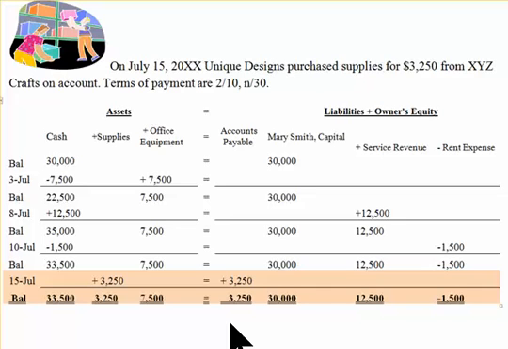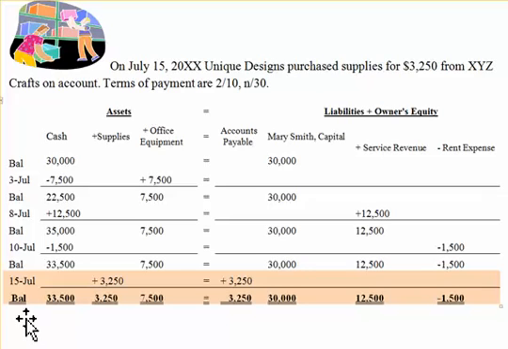But wait a minute. Take a look at your liabilities and owner's equity. We are now acknowledging that there is accounts payable, which is a liability. So now that column, as you can see, has been added. And if you add across the liabilities, the capital, the revenues, and subtract the expenses, once again, the total of the liabilities and owner's equity is equal to the assets.